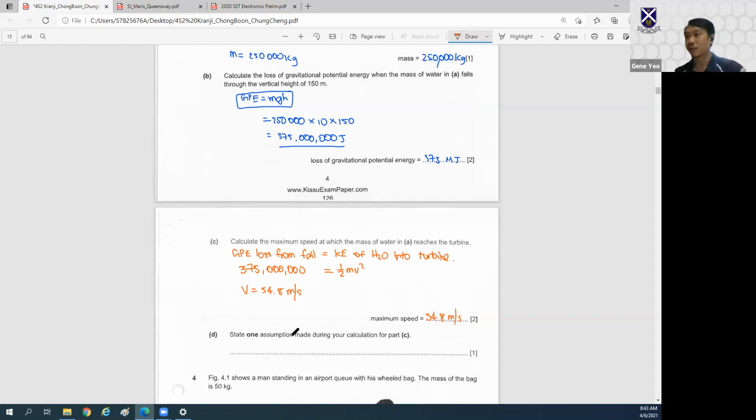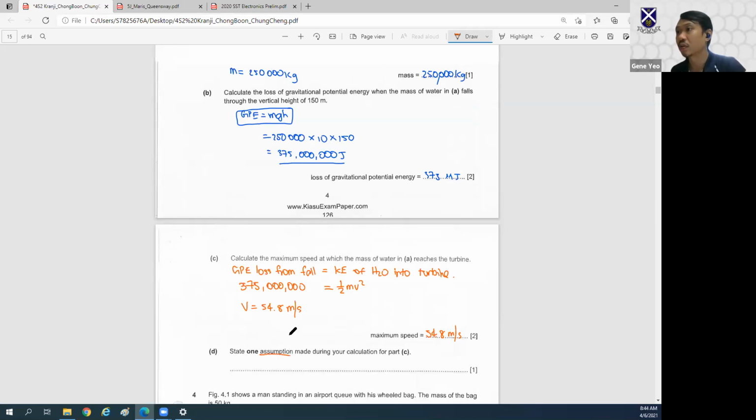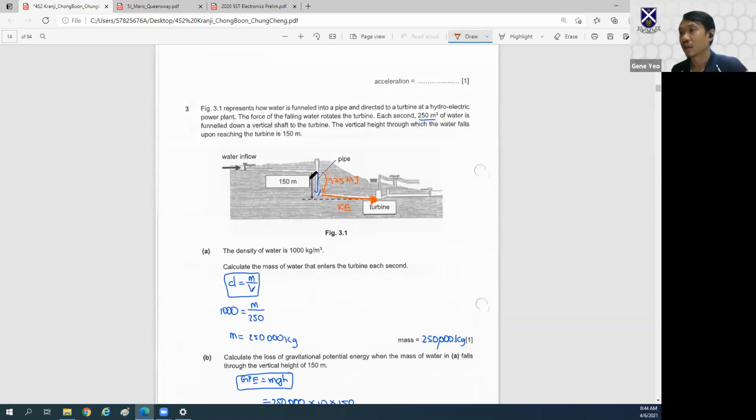So I already stated the assumption that I made just now: as it falls and as the water travels to the turbine, no energy is going to be lost. But we all know that that's not going to be true. A lot of the energy is going to be lost as sound energy. This is a very, very noisy operation.